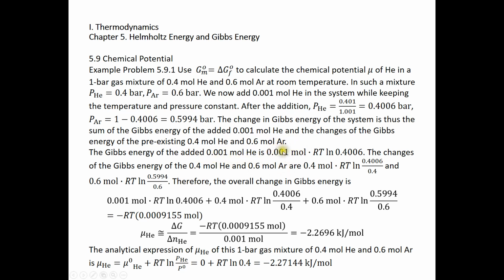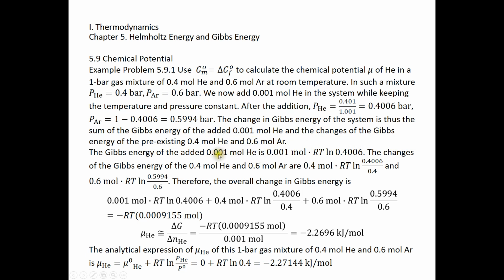It's the number of moles here times RT times the natural logarithm of the pressure of this added helium, 0.4006, divided by P naught. So it's simply this. Again, we're assuming the standard molar Gibbs energy is the same as the standard Gibbs energy of formation for helium, which is just 0 at room temperature. Therefore, this is the absolute value of the Gibbs energy of this small amount of added helium.